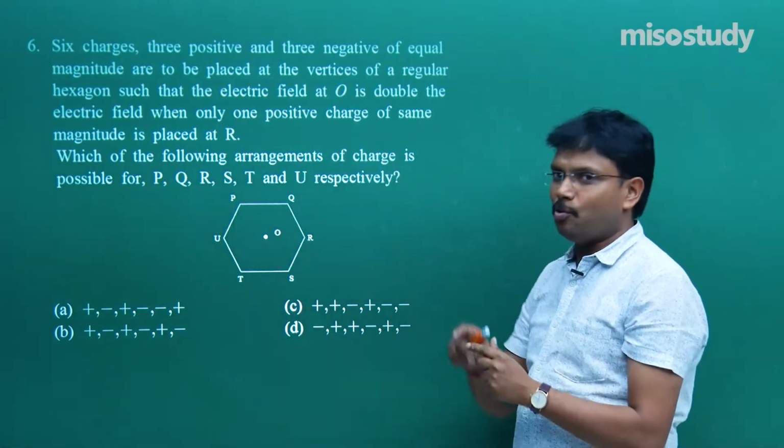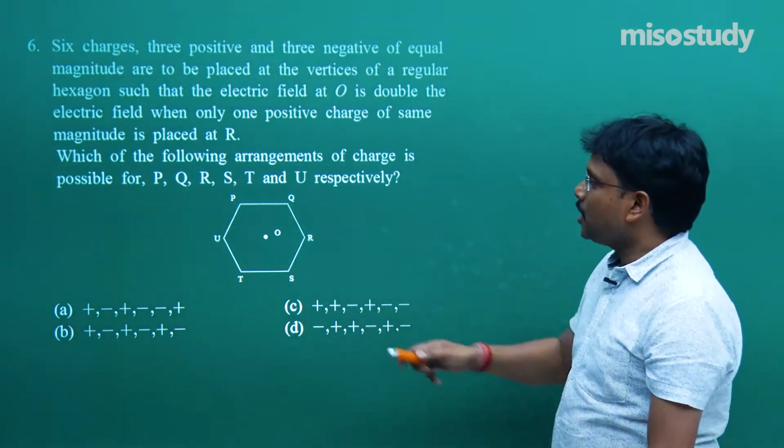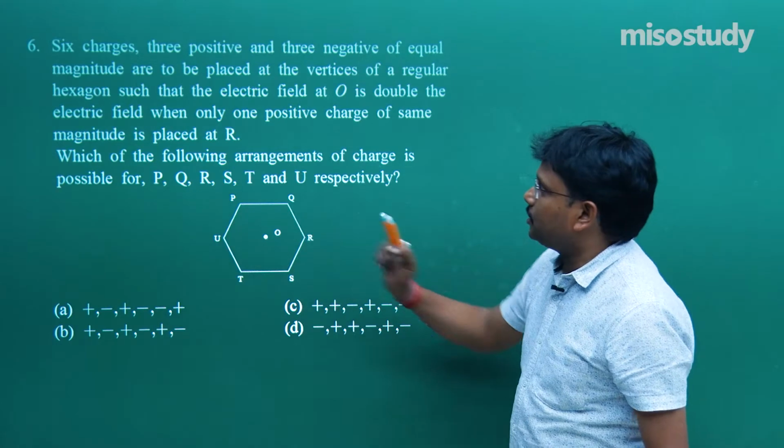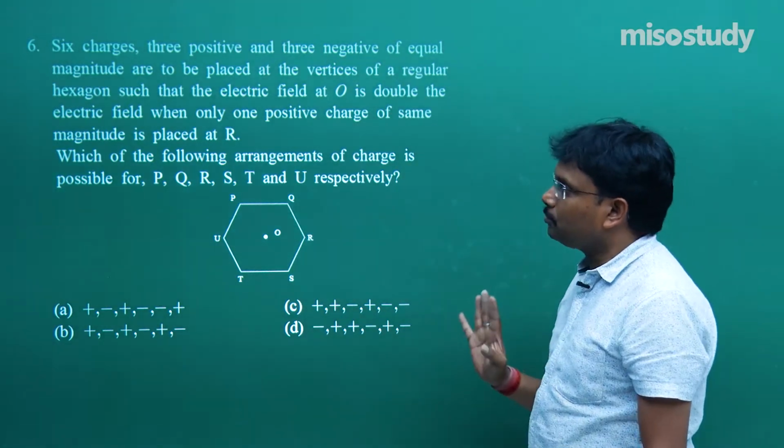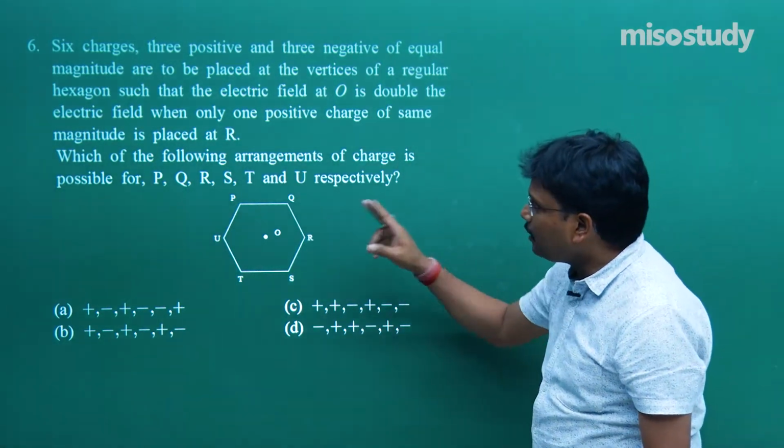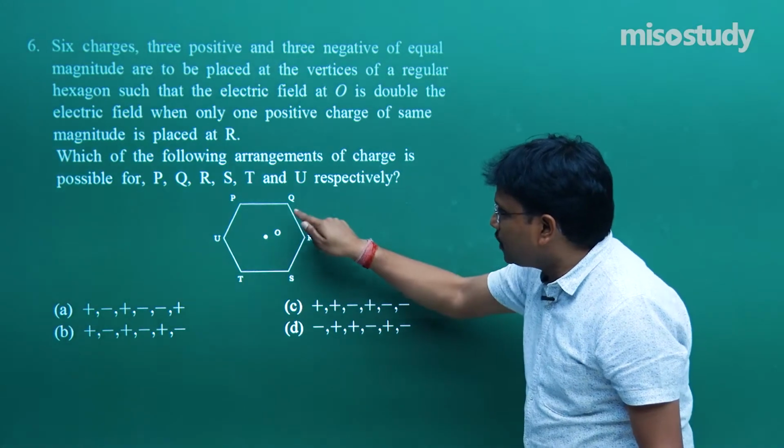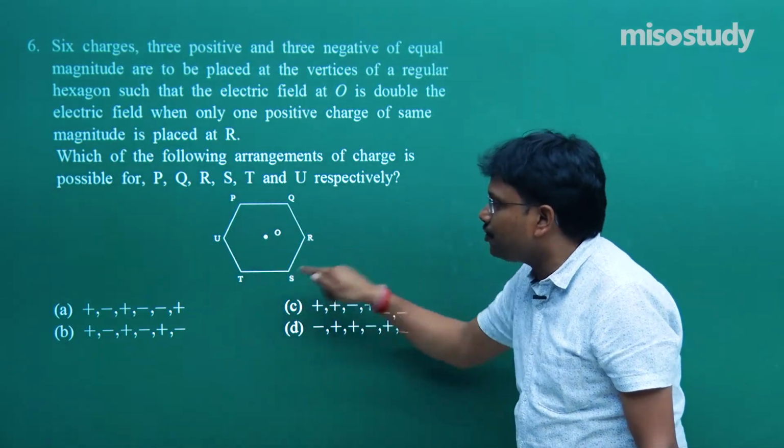Let's move. Try to translate it. Now try to place 6 charges, 3 positive, 3 negative, but magnitude is equal. It is not given which is positive, which is negative.